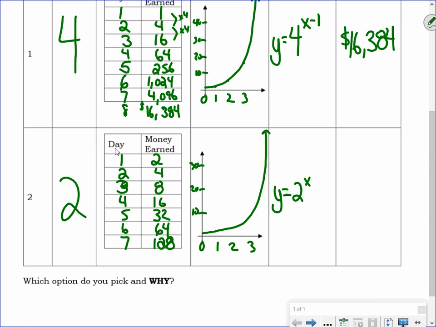Okay, so this is almost exactly like the paper cut, the ballot problem, right? So 2 to the x power, because we went from 0 to 2 right away. Again, if I plug in a 1 to x, 2 to the first power is 2. If I plug in a 2 to x, 2 to the second power is 4. So it all works out.